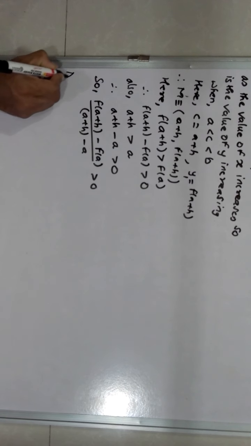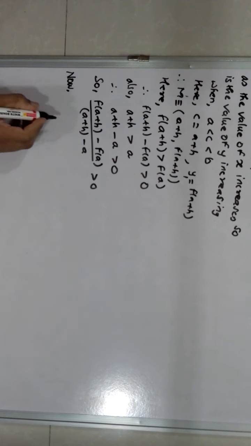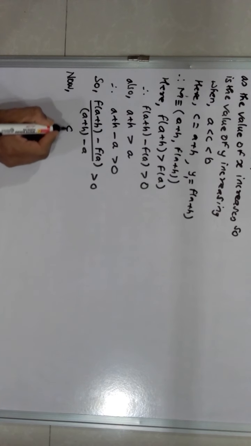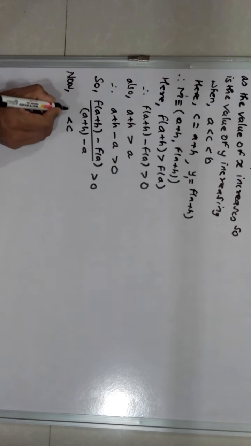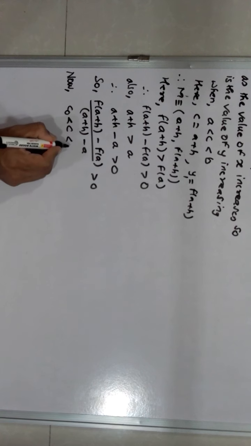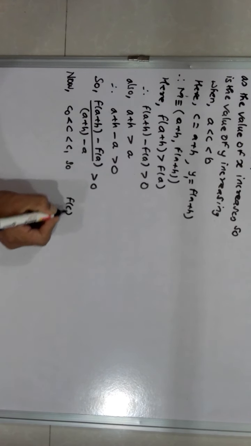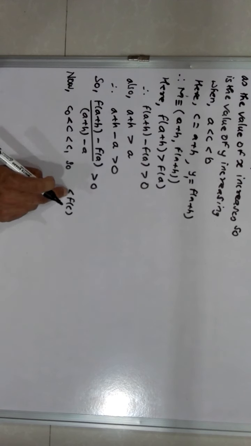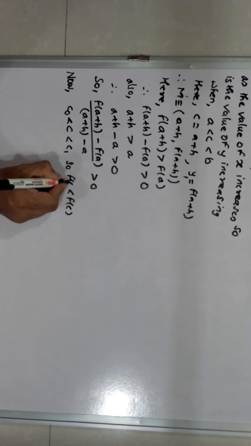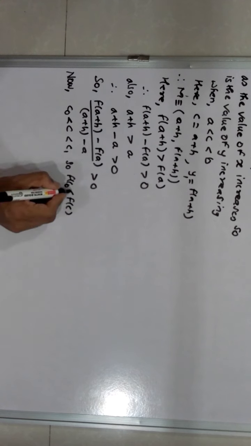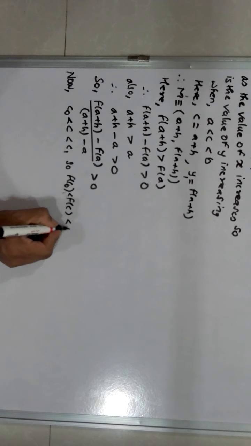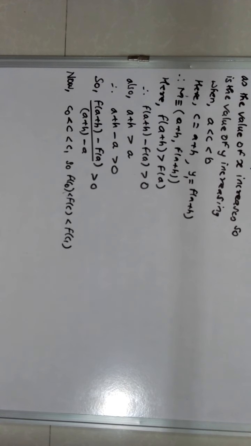Now C is greater than C0 and less than C1, so obviously function of C is greater than function of C0 and less than function of C1.